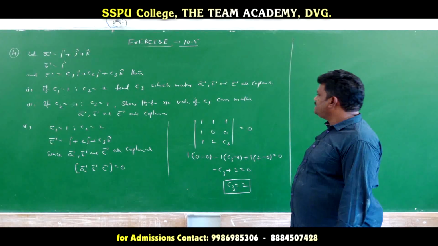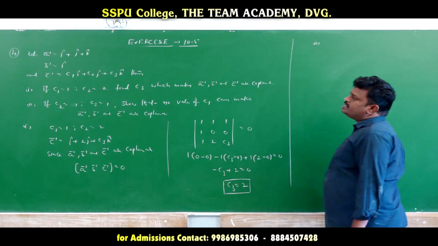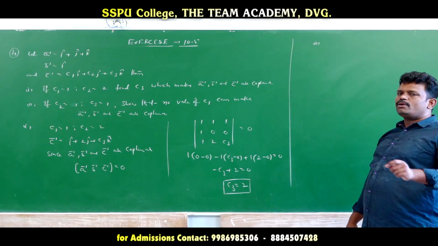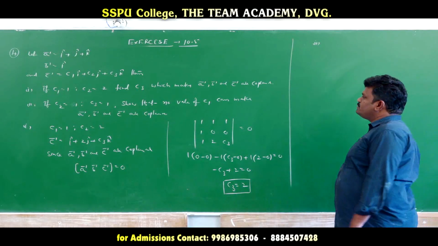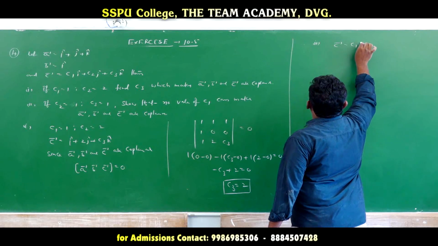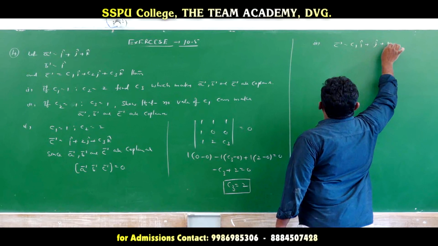And next, second question here. So second question, what given here: C2 is equal to 1, C3 is equal to 1, show that no value of C1 can make A bar, B bar and C bar coplanar. So that's why what we are doing here, C vector first we convert: C vector is equal to C1 i cap plus j cap plus k cap.